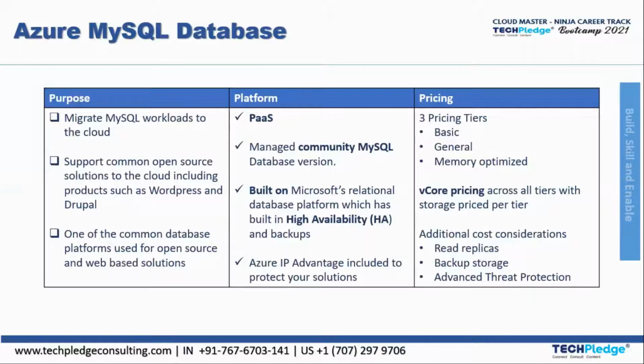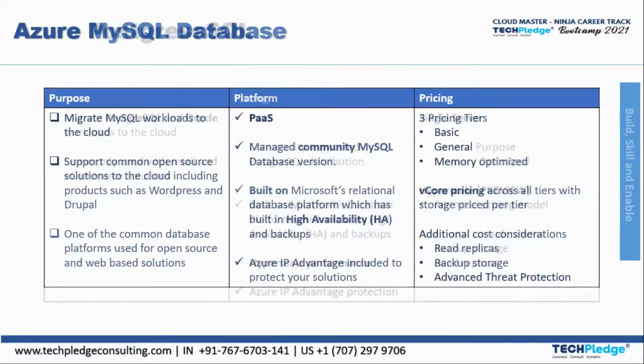Other than that, the pricing goes in three levels: basic, general, and memory optimization. vCore is also available. We can have this pricing tier and have a look in further slides. It also provides replicas and backup that we have already understood in the previous slide. Let's move on.